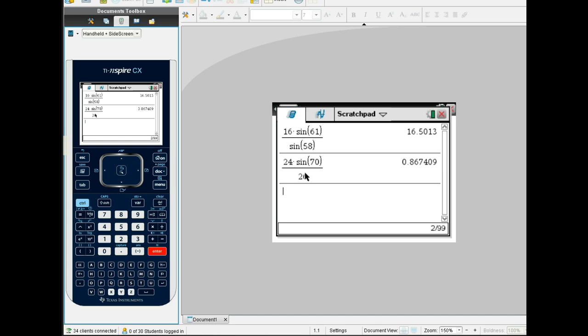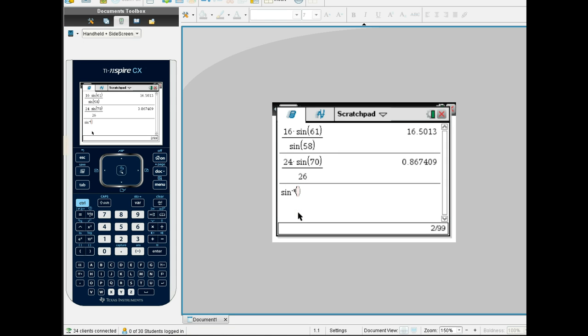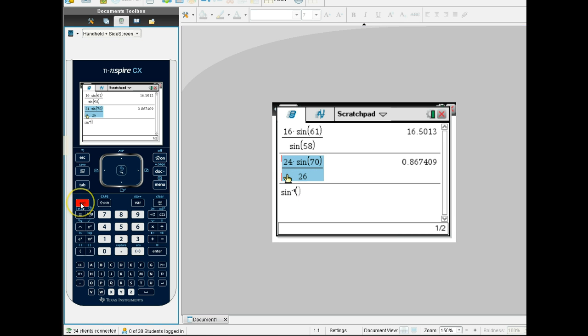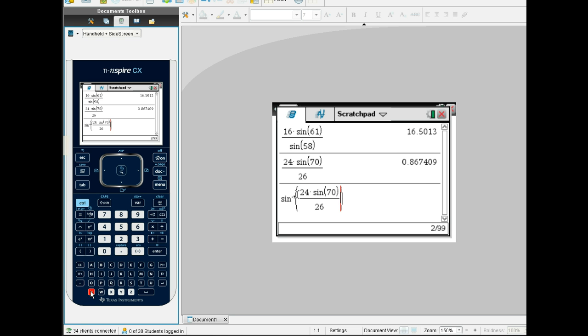And your calculator, of course, has this information stored. I just wanted to help you understand where these values are coming from, but we take the inverse sine of this stuff right here, and copy that. Control C is copy, and paste it right in there, Control V, universal paste, enter.